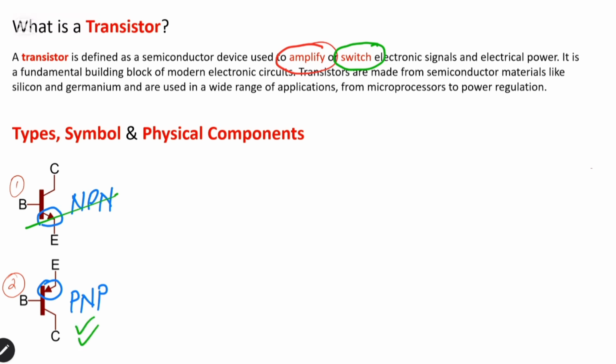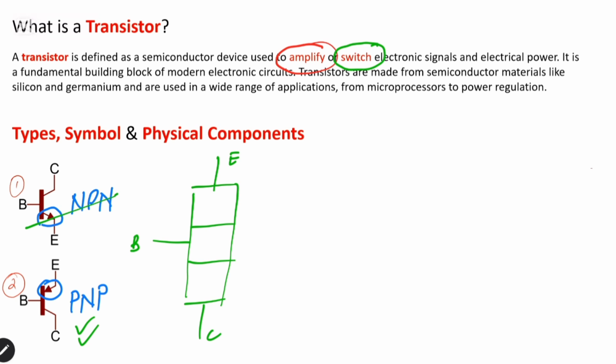So how can you draw the construction diagram of a transistor? It is simply having three regions which correspond to the polarity, and from this symbol you can see that we have the emitter, the base, and the collector.